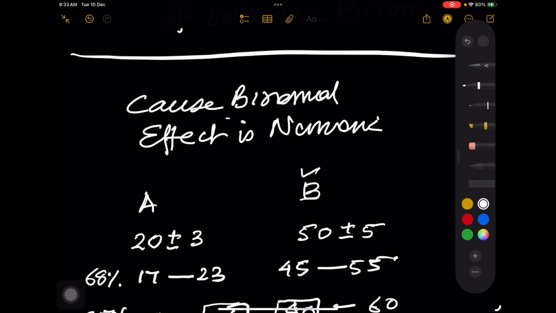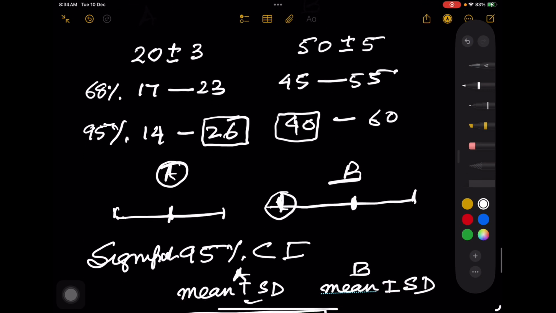If the cause is binomial, treatment A and treatment B, and the effect is numeric, that means reduction is 20 plus minus 3 millimeters of mercury with A and 50 plus minus 5 millimeters of mercury with B.